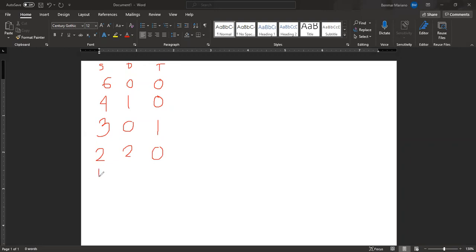Another, he can use 1 single step, 1 double step, and 1 triple step. That is still equal to 6. Another, he can use 2 triple steps and not use single and double steps. And also, he can do it by using 3 double steps. So that's it.